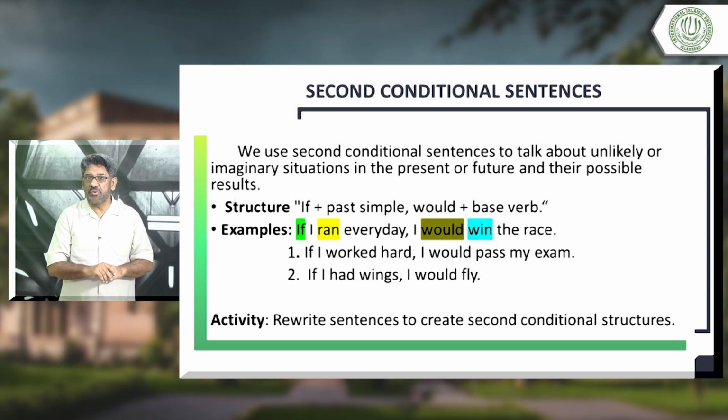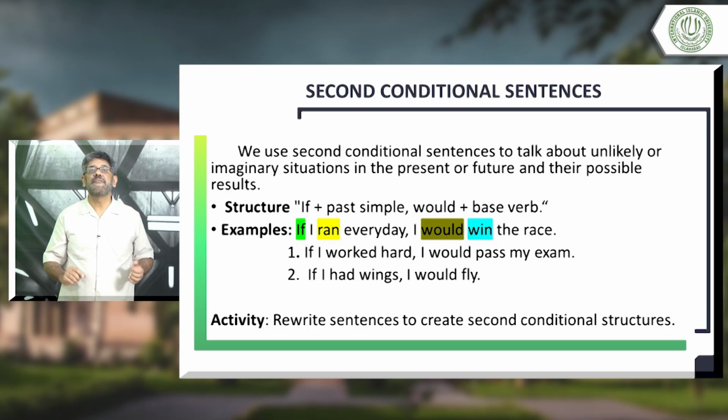Remember, I will come tomorrow and I would come tomorrow are not the same. Whenever you say, I would pass my exam, this shows there's some uncertainty, there's some condition. When you say, I will pass my exam, I will win the race, it shows certainty. It doesn't show any condition there. So with simple future, don't confuse it. I would win the race, I will win the race. We don't need to confuse these two.